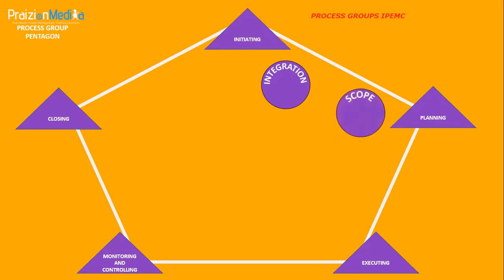Next, we have scope. Scope management is all about scoping out the project so that you get your arms around it, understanding what exactly needs to be done. And as you scope out the project, you're going to collect requirements, you're going to understand all the things that need to be done. And then we move into the scheduling section. We call it schedule management.